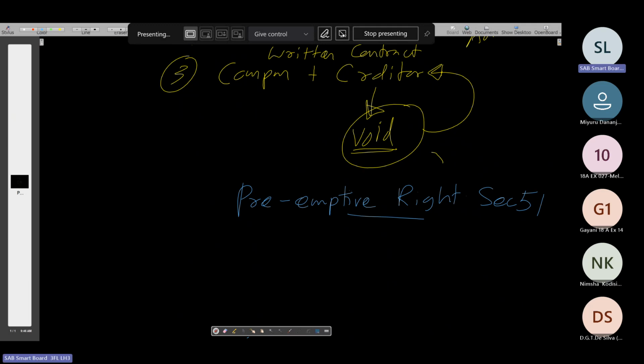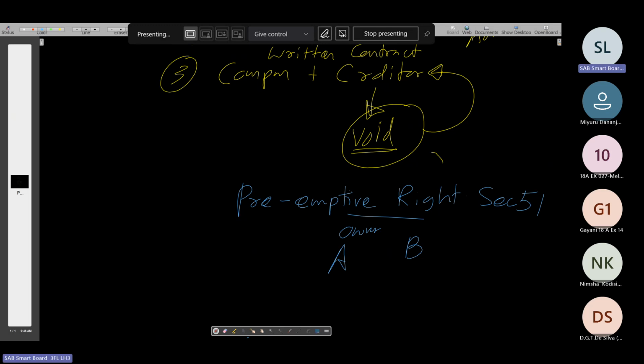Preemptive right means, like we have discussed under the articles of association, A is the owner of a property, maybe a share, movable or immovable, and B is another person.